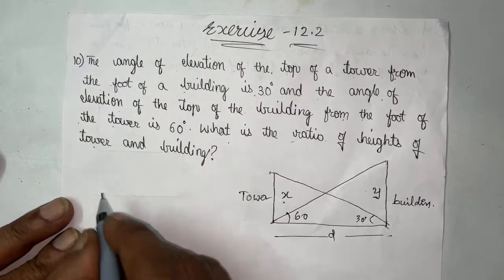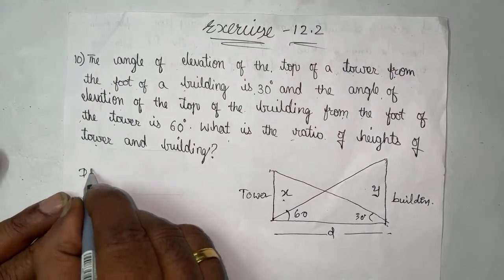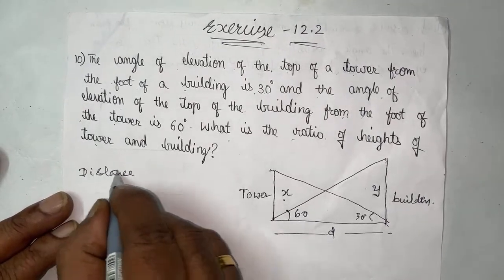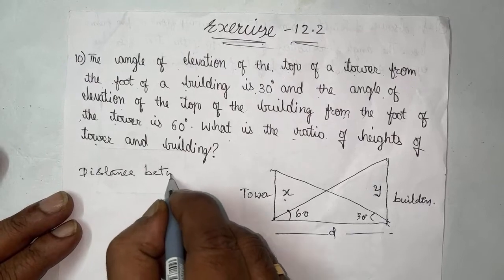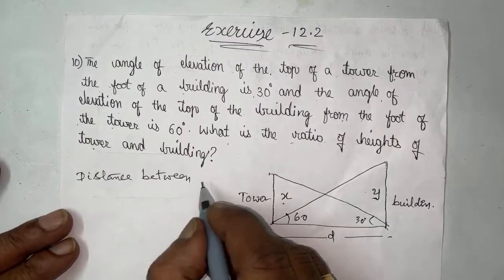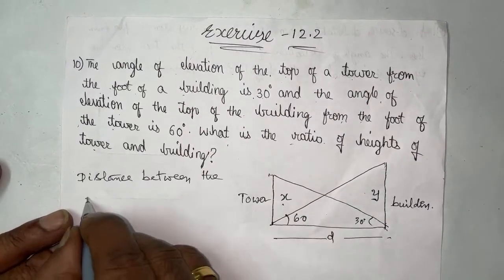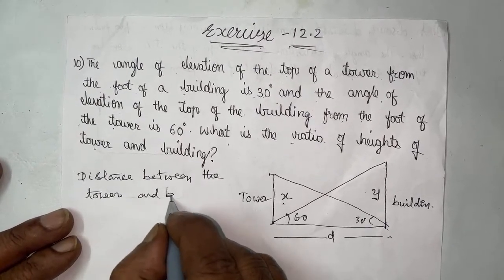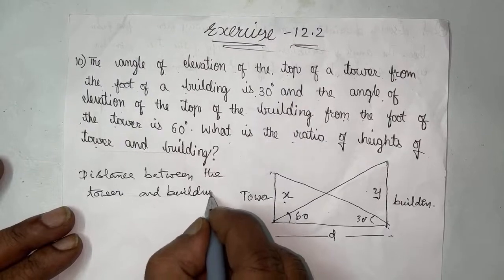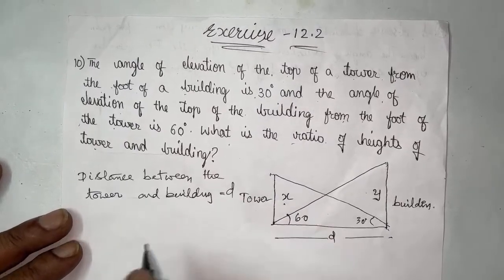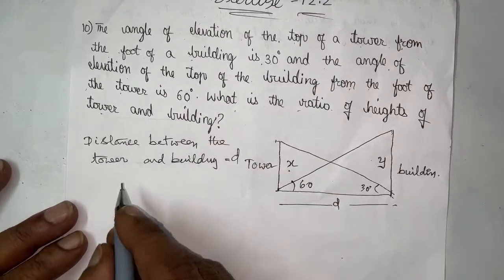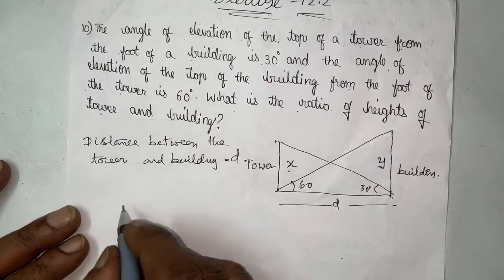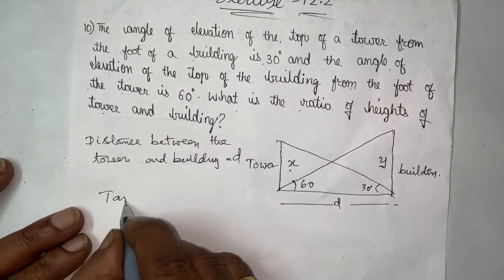The first statement: the distance between the tower and building is equal to D. And the angle of elevation is 30, we'll take first.